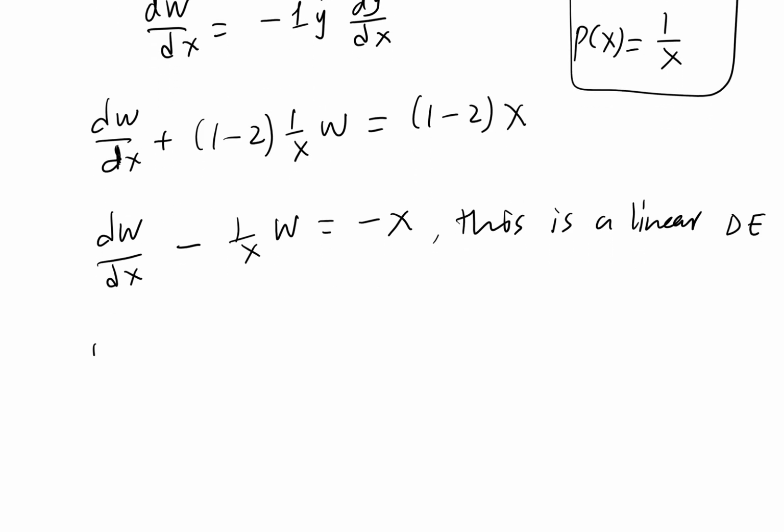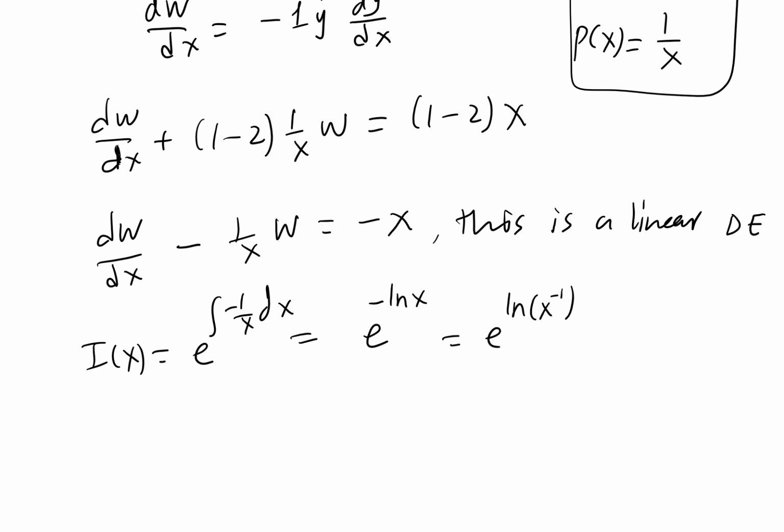So we're going to find the integrating factor here, e to the negative integral of 1 over x dx, e to the negative natural log of x, e to the natural log of x to the negative 1, x to the negative 1, or 1 over x. Then, watch carefully here, we did d/dx of the I of x times y.